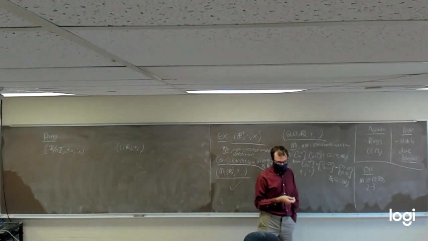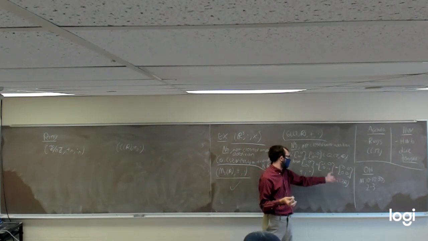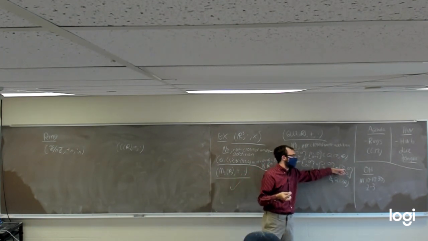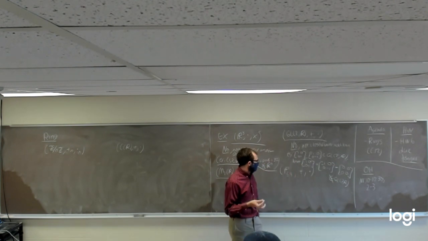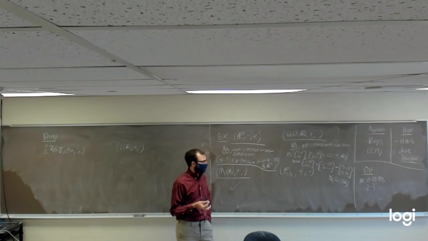So it fails closure. It also fails to have an identity element under addition, because that would have to be the 0 matrix, and that's not in GL2R. So a couple ways in which that one fails.